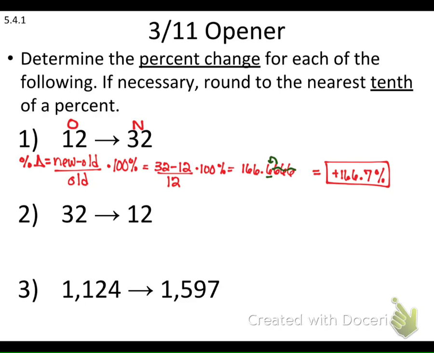All right, number 2. So what's my old number here, David? And my new number? 12. So every time I write my formula, I'm going to write percent change equals. And then what do I substitute for my new? Jaden, what's my new number?